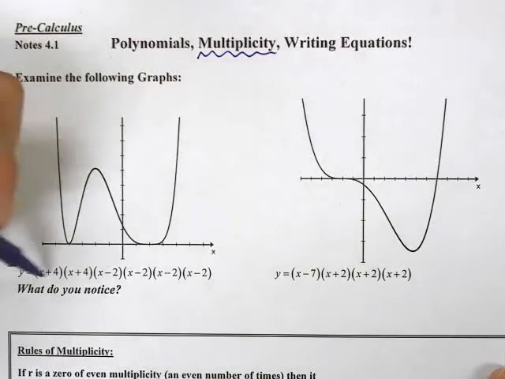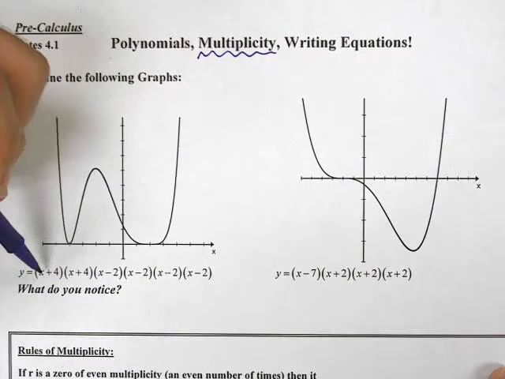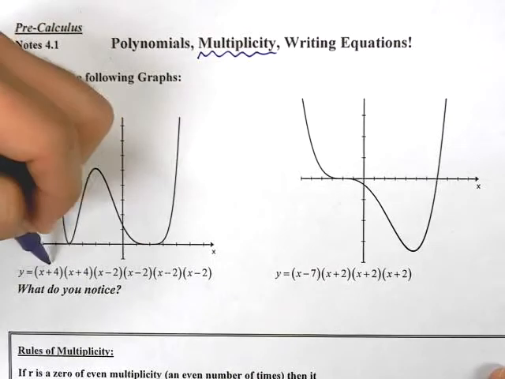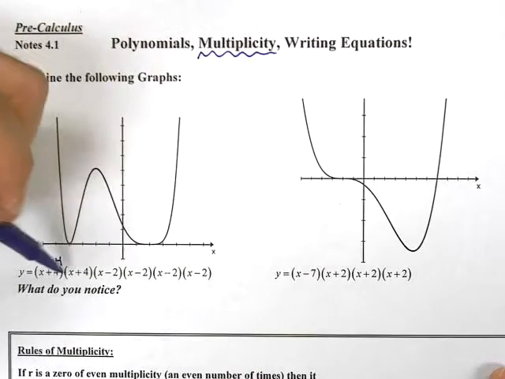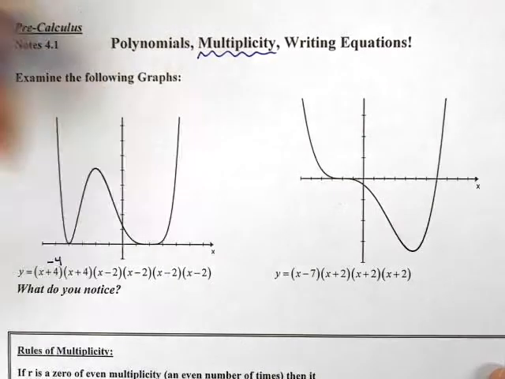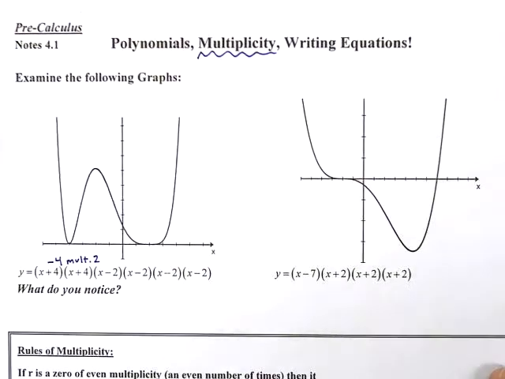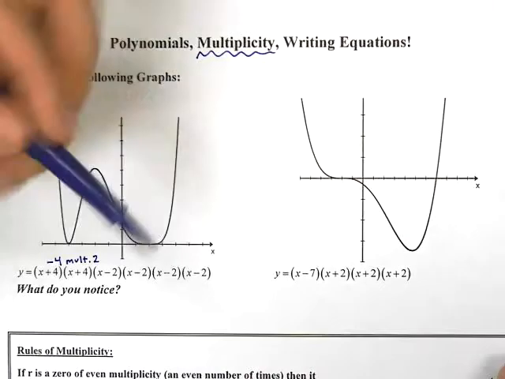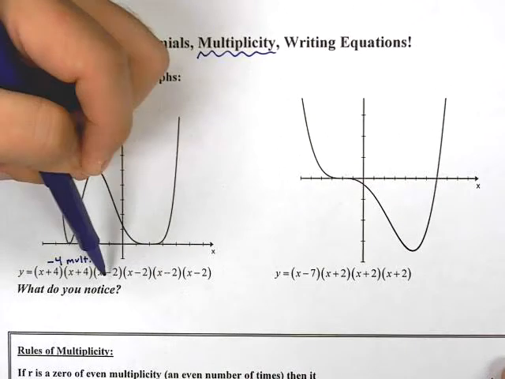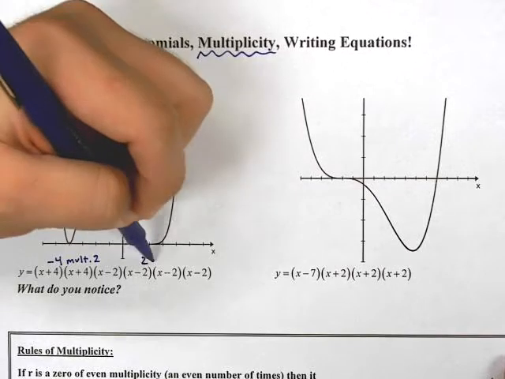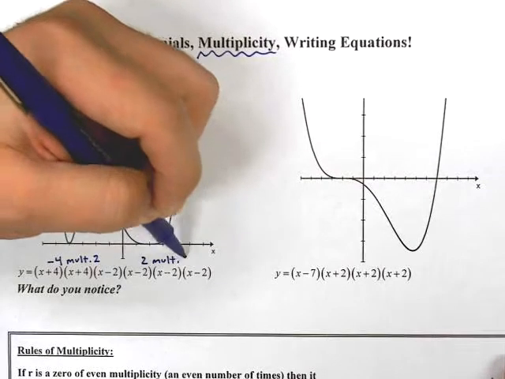I know that because I have an x plus 4, that would lead to a zero of negative 4, but it occurs how many times? Twice. So I say it has multiplicity of 2. Now I can do the same thing with this x minus 2. This would lead to a zero of positive 2, and it has multiplicity of 4.